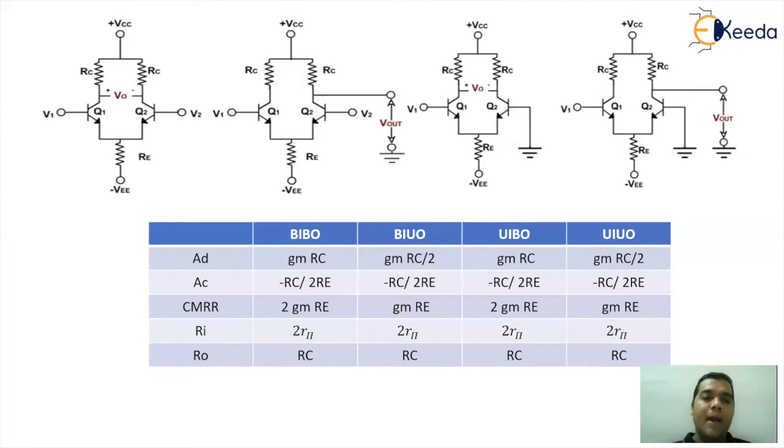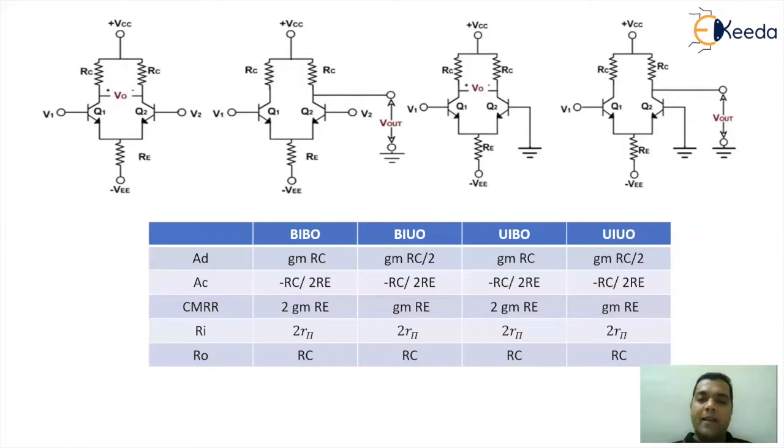When we talk about balanced input, balanced output, the value of AD is going to be gm RC. AC will be minus RC by twice RE. CMRR will be twice gm RE. RI will be twice r pi. RO will be RC.